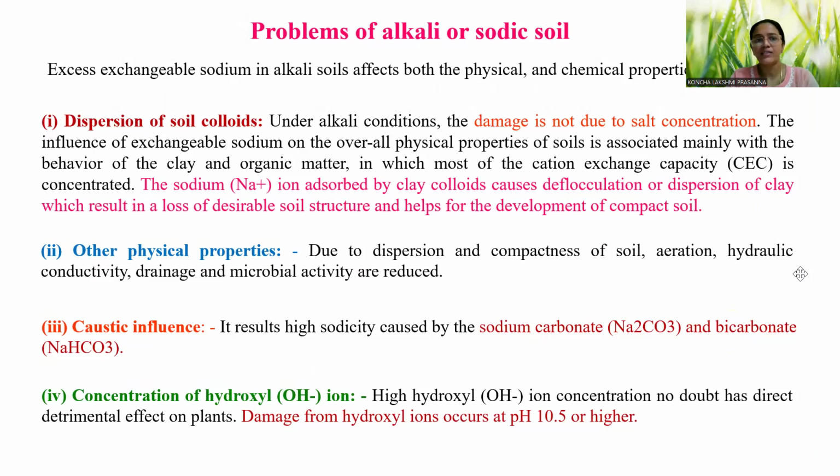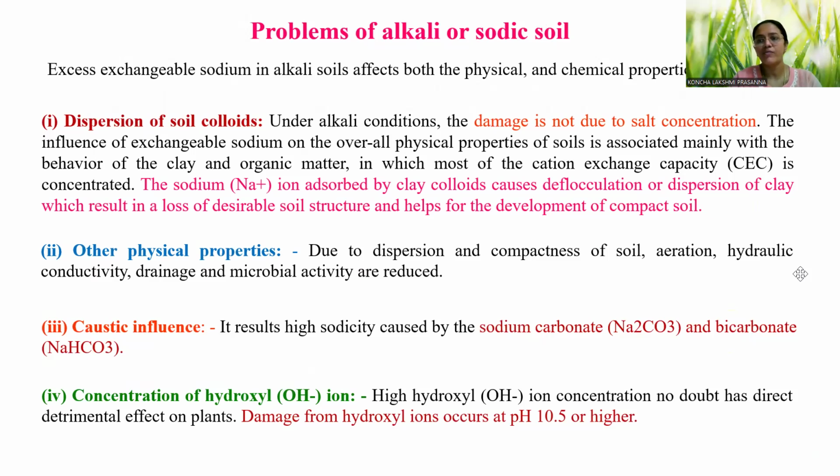So in the problems of alkali soils and sodic soils, there is dispersion of the soil colloids. The dispersion of soil colloids is not just because of the salt concentration, but because of the sodium present on the clay colloids or on the exchange complex of the clay, which causes a deflocculation or dispersion effect. This helps in the destruction of the soil structure and also makes the soil compact. It also affects soil aeration, hydraulic conductivity, soil drainage, and microbial activity, which are seriously affected because of the alkaline soils.